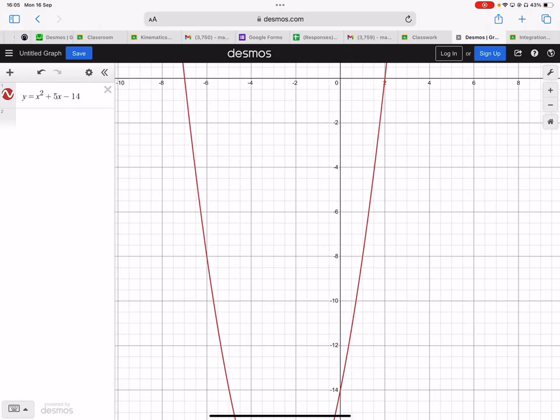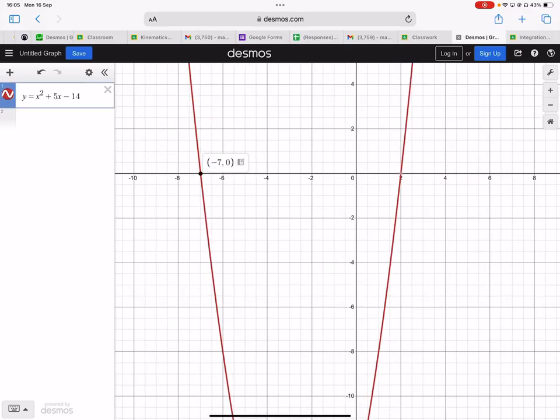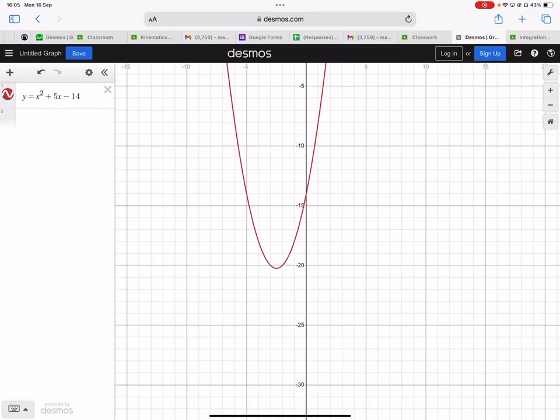This is the quadratic function. You can see the x-intercepts, one is -7 here and the other is 2. You can just sketch the graph and look at the x-intercepts from there. You can also look at the turning point from here. This is the turning point. Click on that. That's -2.5 and -20.25. Okay? So you can use Desmos for this as well to make things quicker.